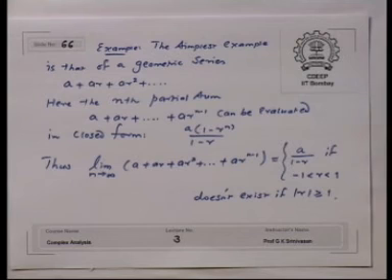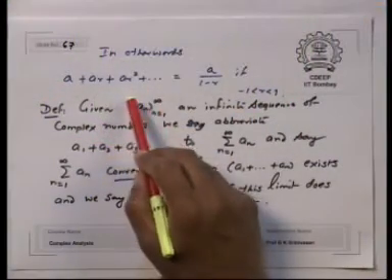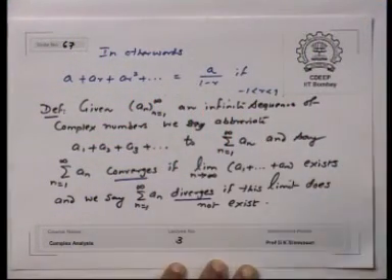The infinite series does not have a sum if mod r is bigger than or equal to 1. It has a sum, and the sum is a by 1 minus r when mod r is strictly less than 1. Okay. All right. So this is the first and most elementary example, and so you would say that the sum of the infinite geometric series a plus ar plus ar squared plus etc. is a by 1 minus r, correct.